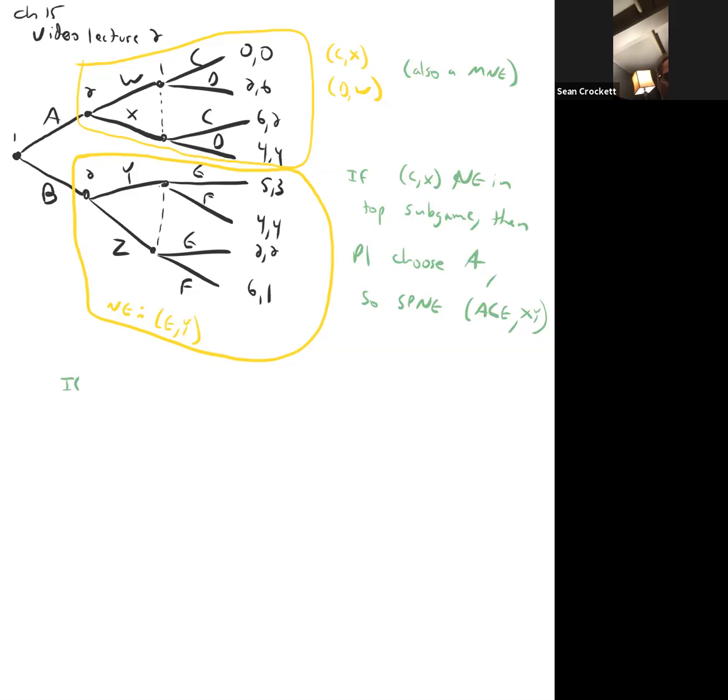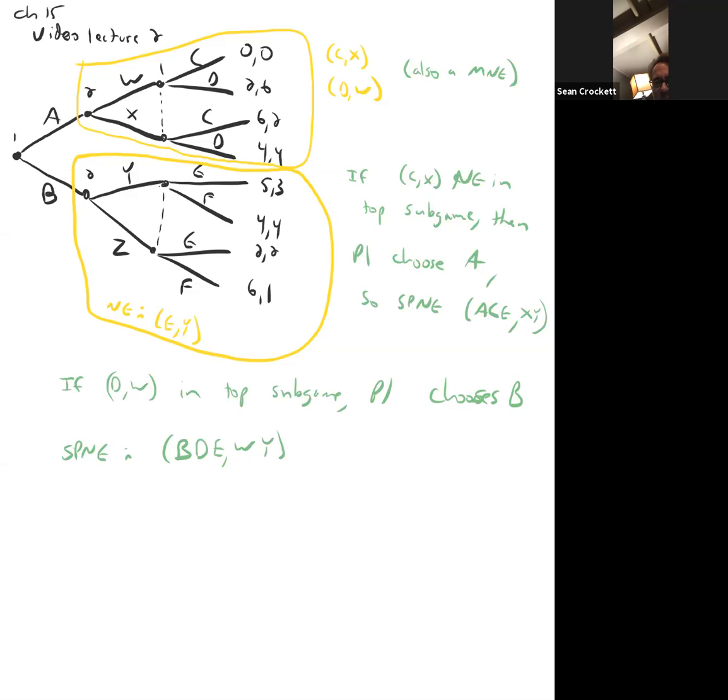So if the top is played in DW, player 1 chooses B. Then the SPNE in that case is player 1 picking B, and in the top subgame they're playing DW, so player 1 is playing D up top, and player 1 always plays E in the bottom, and player 2 must be playing W in the top and always must play Y in the bottom. So that's another subgame perfect Nash equilibrium.